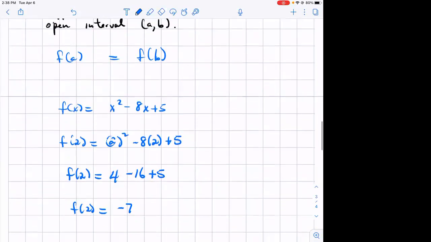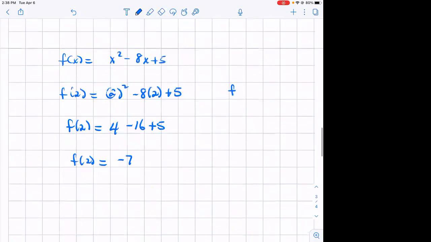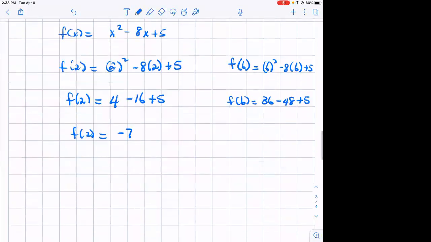Now, what is f of b? F of b, and b in this case is 6. This is going to be 6 squared minus 8 times 6 plus 5. So f of 6 is going to be equal to 36 minus 48 plus 5. So f of 6 is equal to -7.